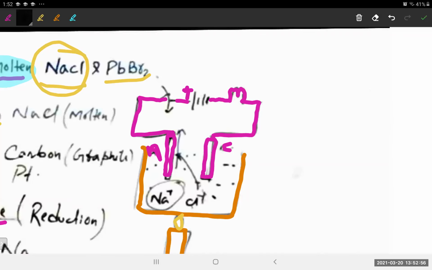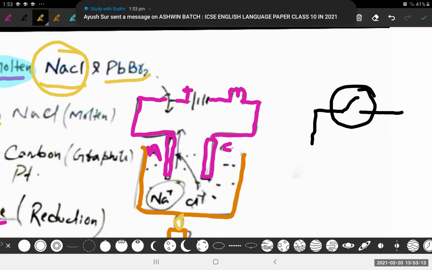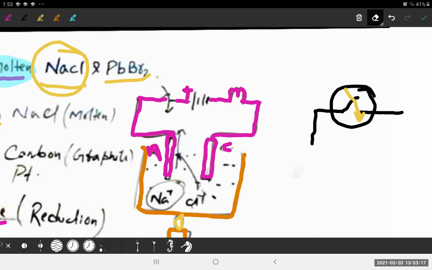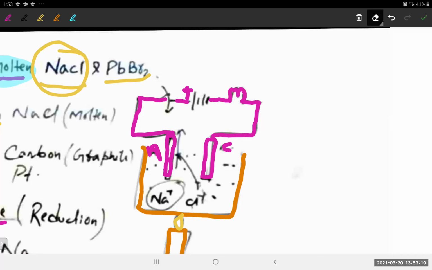See, ICSE examiners search for common mistakes and then they will cut marks. So don't leave the switch open like this. You will think you are very smart because you've made a switch, but that is not smartness, because when you have not closed the switch, how on earth can this reaction take place, isn't it? So that's the point of this.